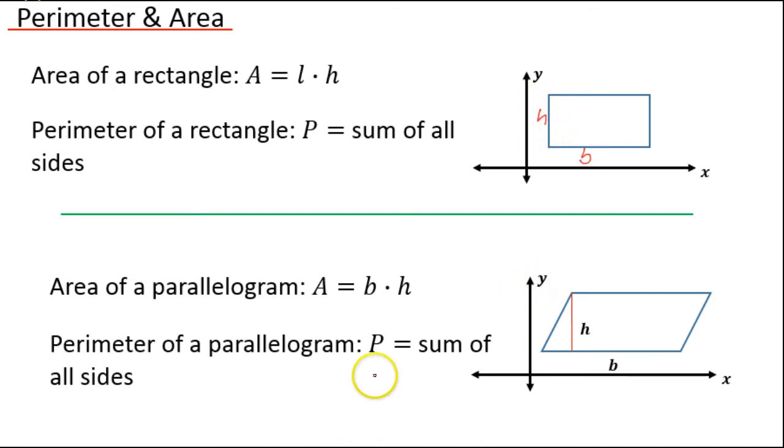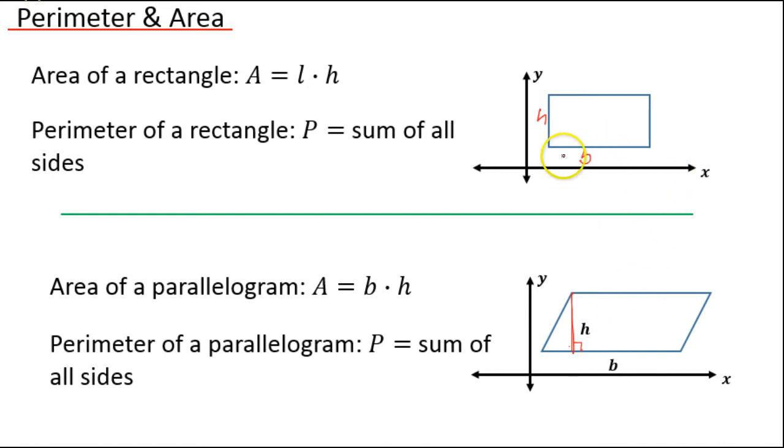Very similarly, we have the area of a parallelogram, except we measure the height of the parallelogram from the top vertex straight down. So it's almost like the altitude of a triangle. It's from the vertex all the way down to the base. This creates a 90-degree angle. This gives us the absolute height, and then the base is just the exact same thing.